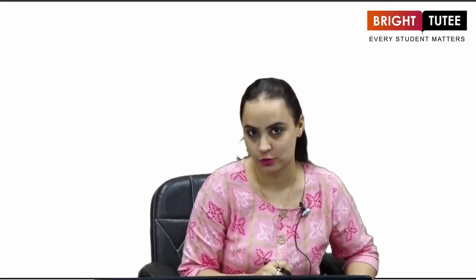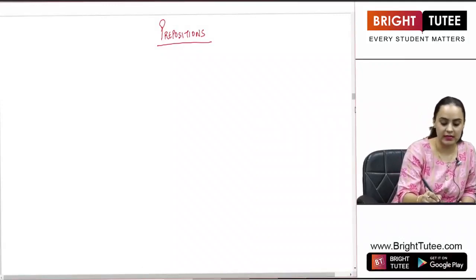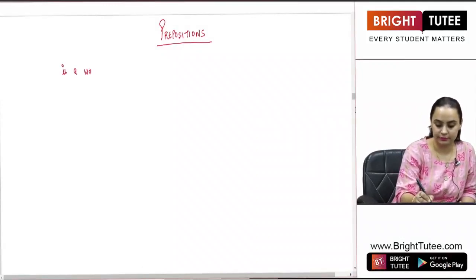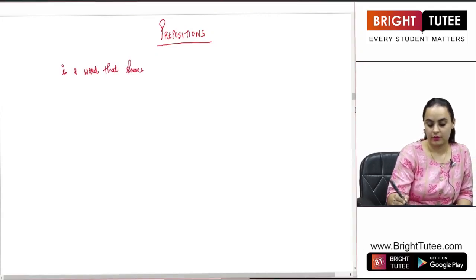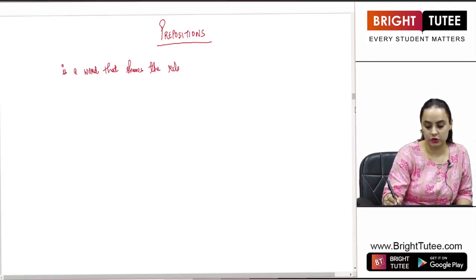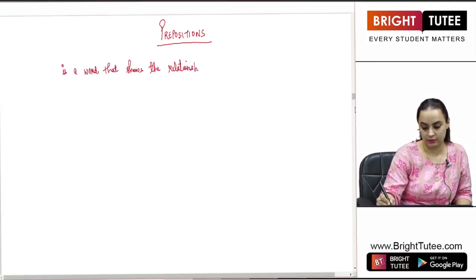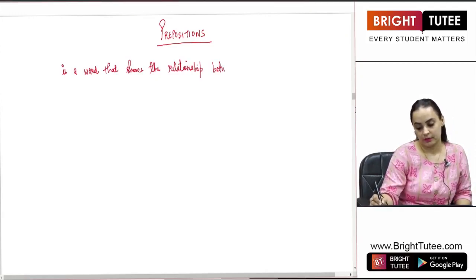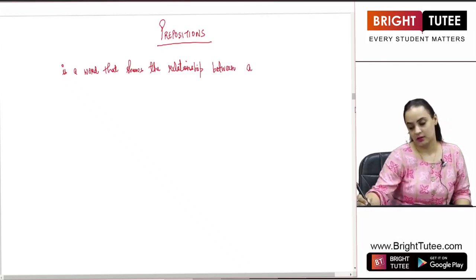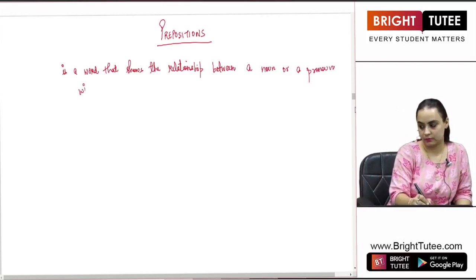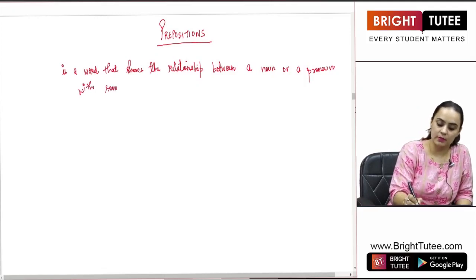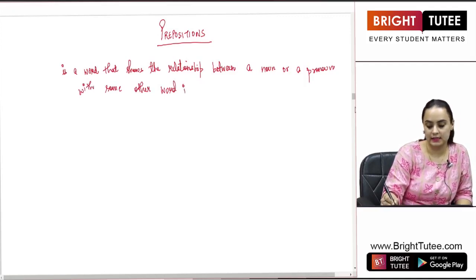are prepositions. Now preposition is a word that shows the relationship between a noun or a pronoun with some other word in the sentence.